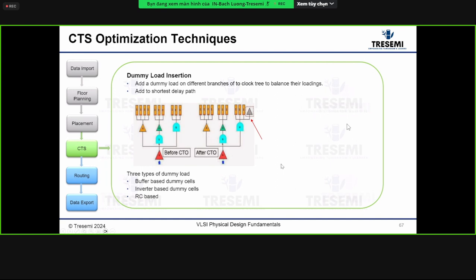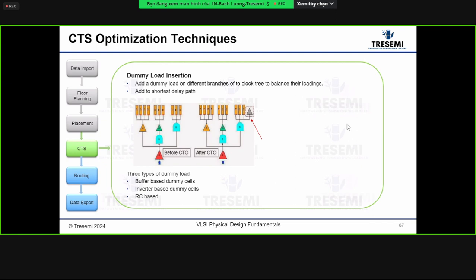But I want to add that understanding these techniques is very important when you do ECO, because when you do ECO, you have limited flexibility, right? By understanding these techniques, sometimes you can figure out how to fix the timing.